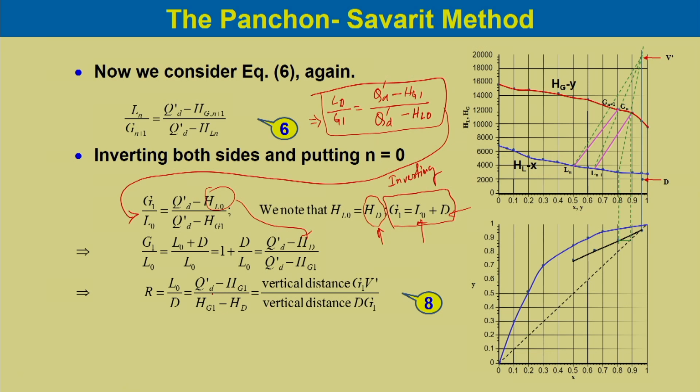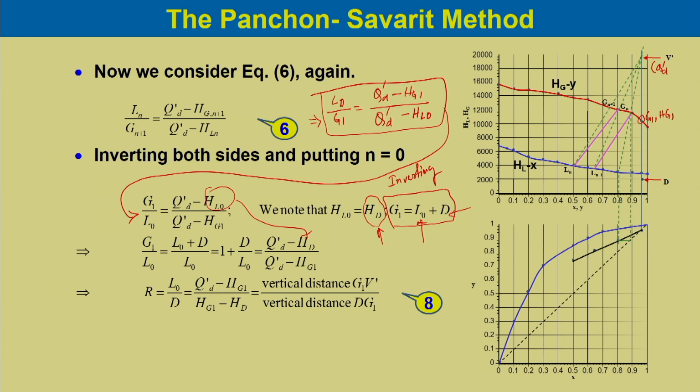So, this Qd dash and Hg1. Qd dash is over here, and Hg1, this is G1 having the enthalpy Hg1.